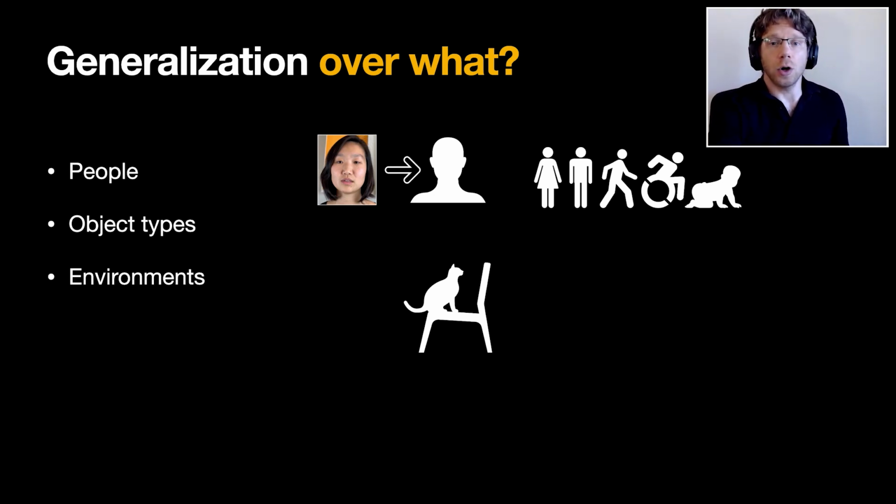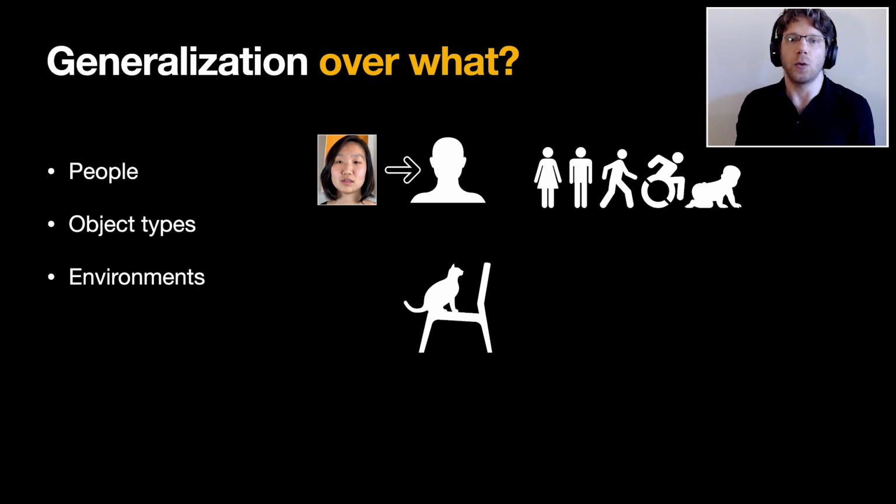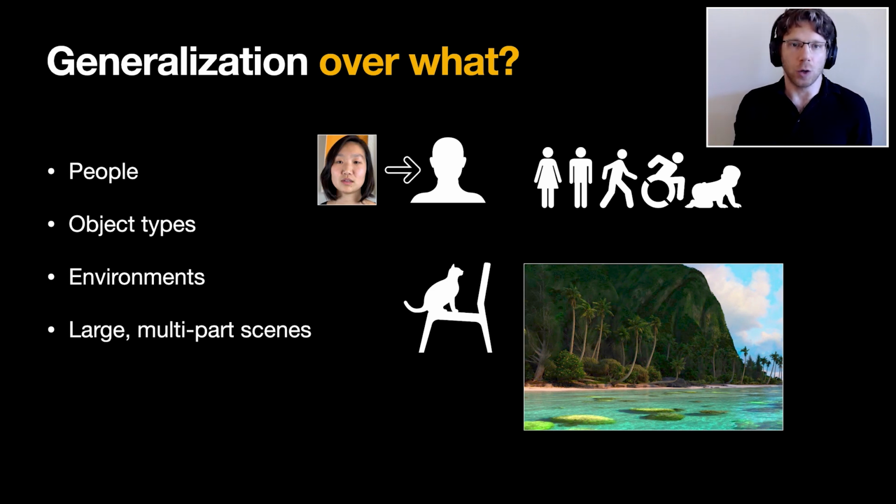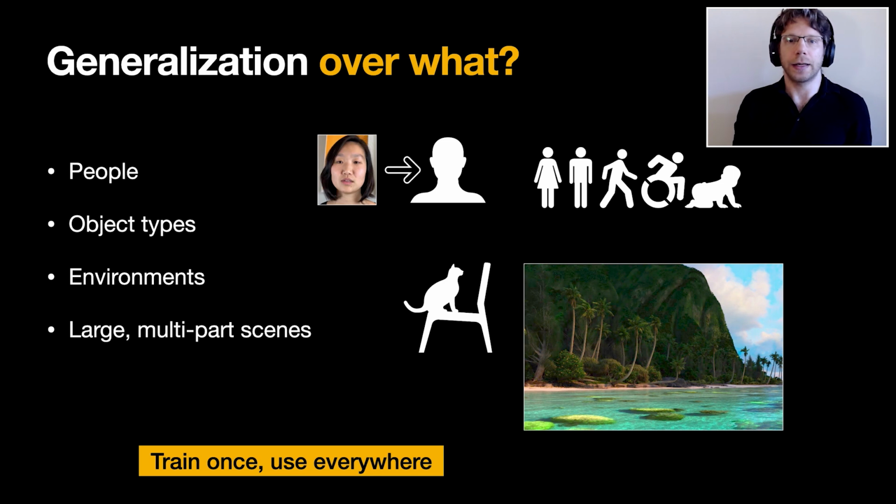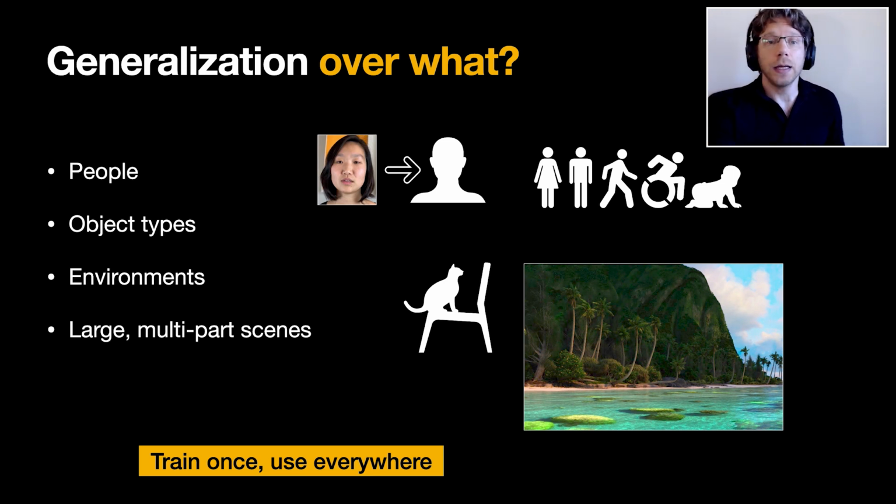Going beyond individual objects, some neural rendering tasks can benefit from generalization over different environments and for making them applicable to large scenes with many objects and object types. Essentially, what we want is neural rendering algorithms that can be trained once and then used everywhere.